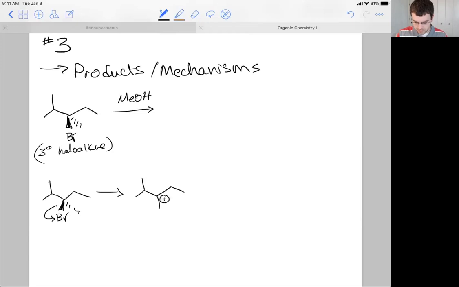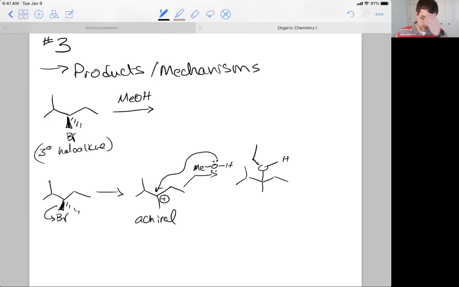And then we can engage with methanol by way of nucleophilic addition of the lone pair of electrons on the methanol oxygen to give rise to this structure. Since we have an achiral intermediate, we can attack from the top face or the bottom face of that flat structure to give rise to either enantiomer of the product.